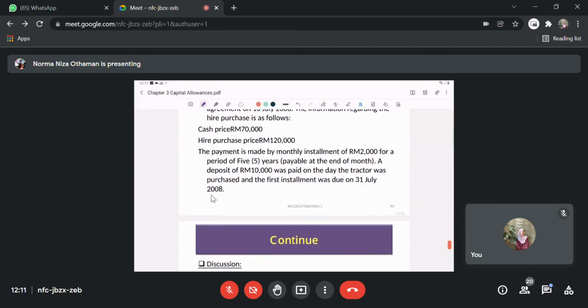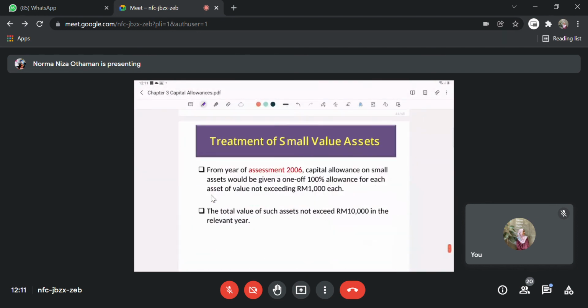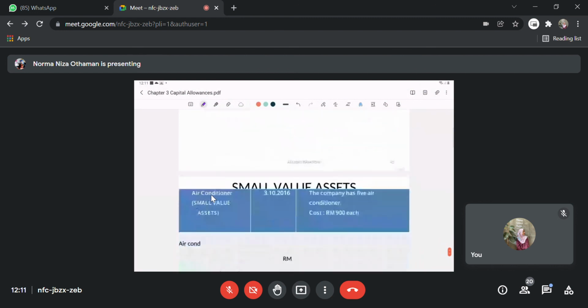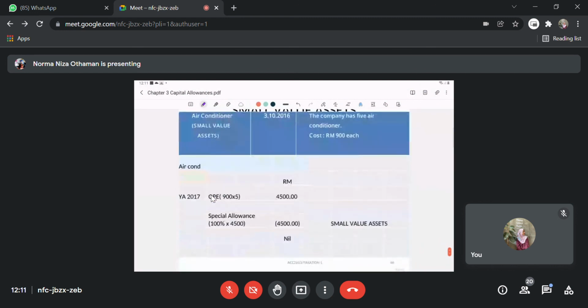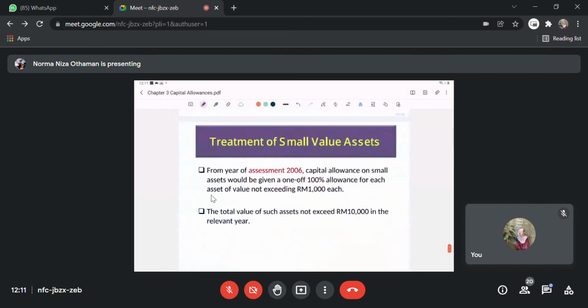Ini installment saya belum tunjuk lah. Small value asset ni pun sekejap, small value asset I need to check dalam buku you all the figure. Guys tolong saya guys, page berapa untuk small value asset? Saya nak tengok yang current lah.